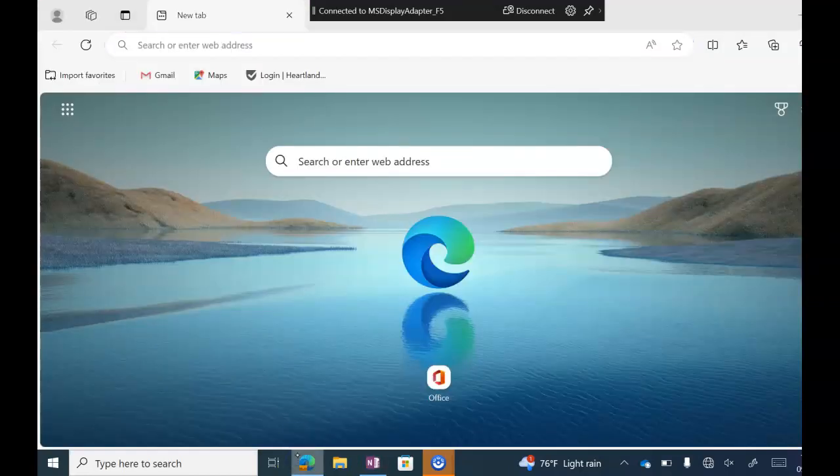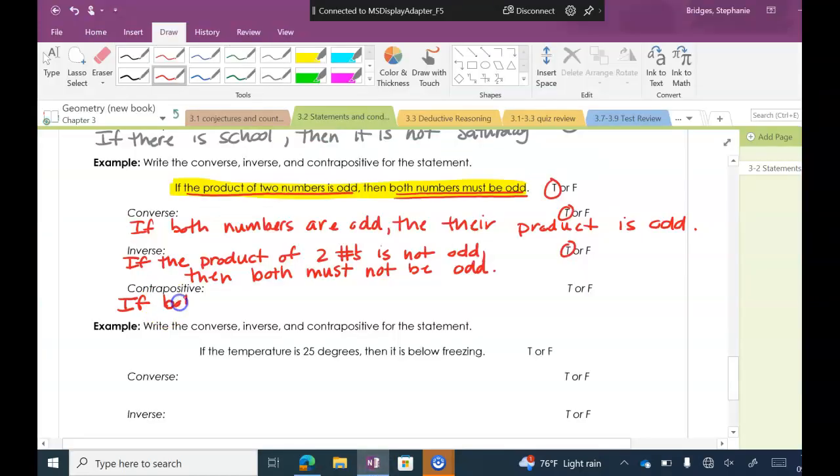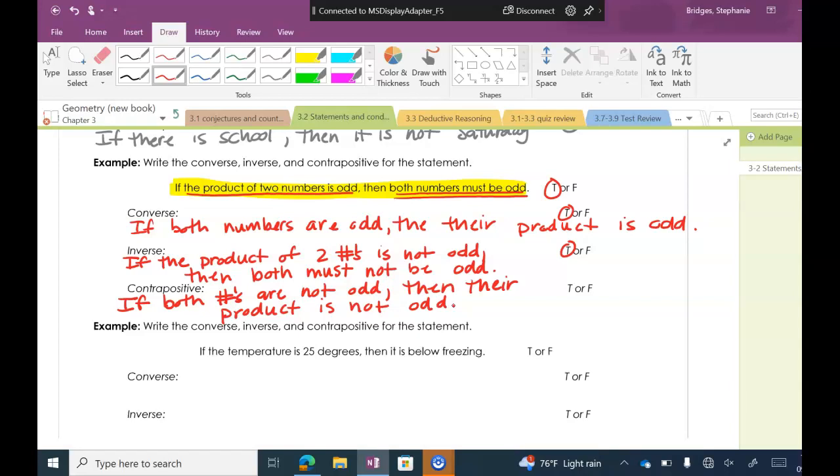So if both numbers are not odd, then their product is not odd, right? Didn't I negate that? Switch and negate? Yes? Is everybody okay with that? Is that true or false? True.